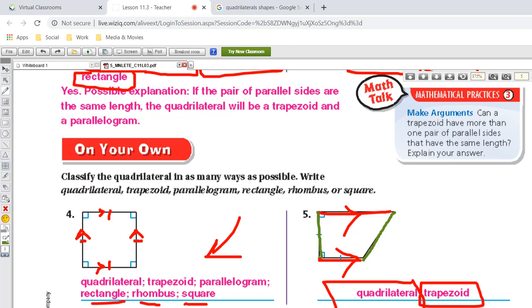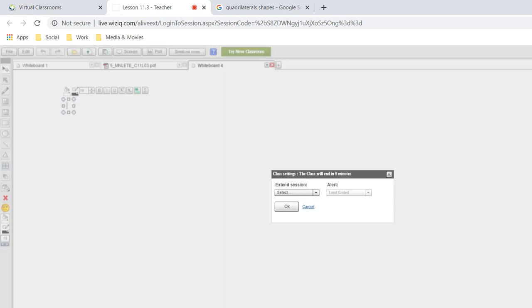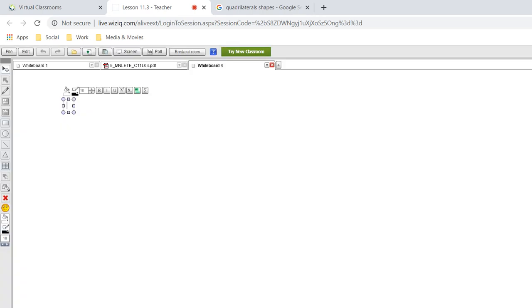So firstly, as the order, we check our shape. Firstly, what are we going to write?